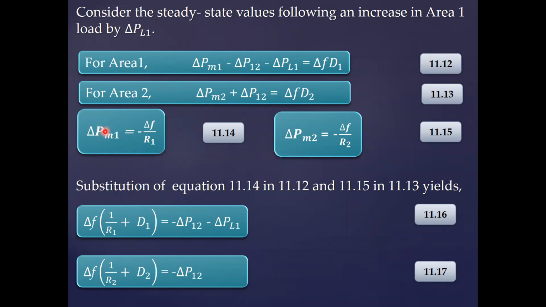So the change in the turbine power in area 1 is based on the droop in area 1, and the change in the turbine power in area 2 is based on the droop in area 2. Then we substitute these equations, and after manipulation we obtain this form.